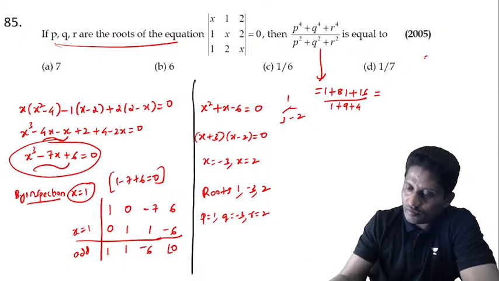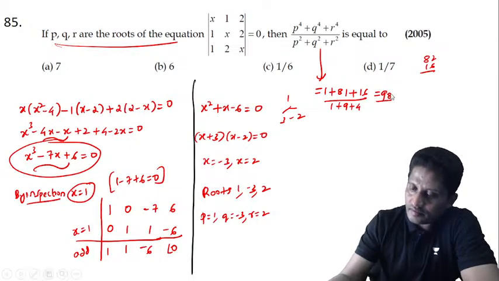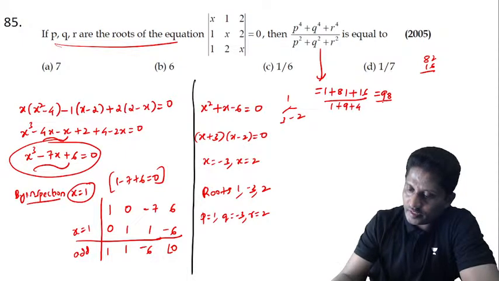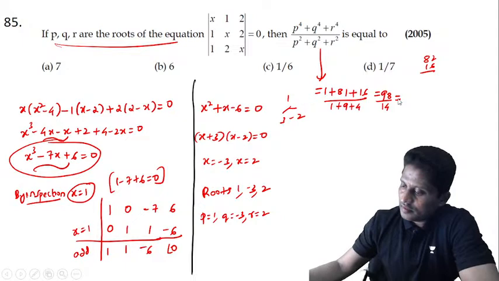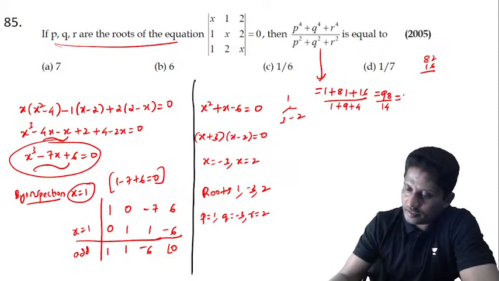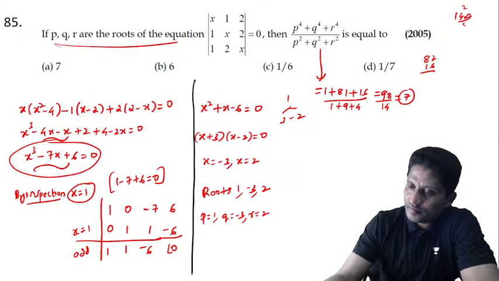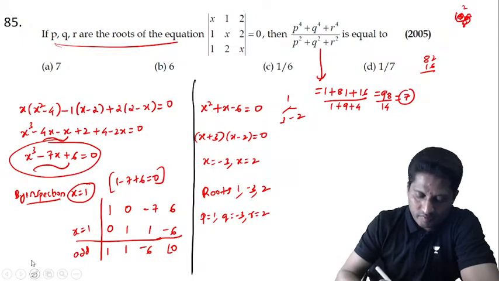You get 82 plus 16 is 98. 98 divided by 14 will be equal to 7. So the answer will be plus 7.